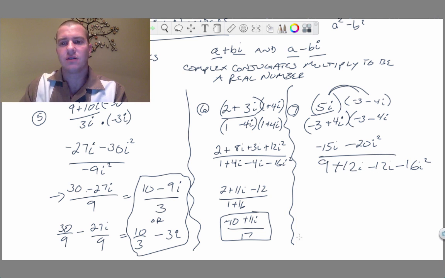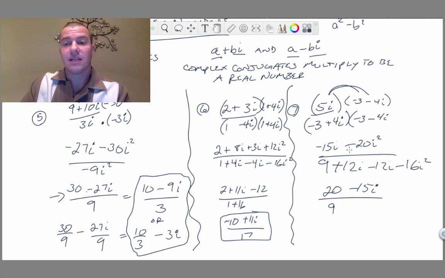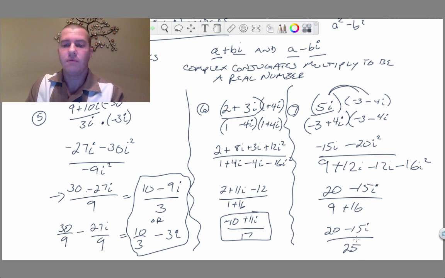The i's will cancel out in the denominator. In the numerator, the i squared makes this a positive 20 minus 15i. The denominator becomes 9 plus 16. So I get 20 minus 15i all over 25. Can I reduce? Yes, they all reduce by 5. So I'm left with 4 minus 3i over 5.